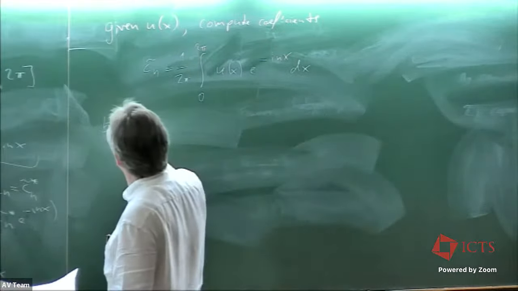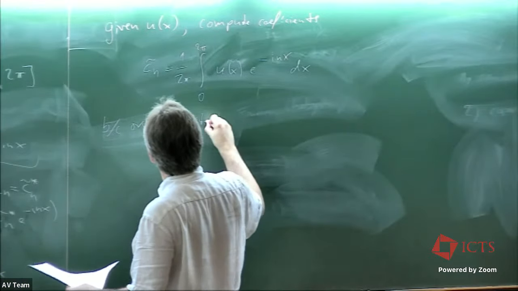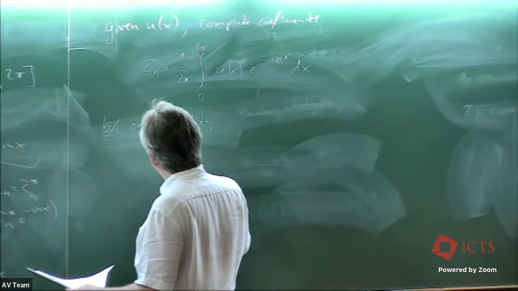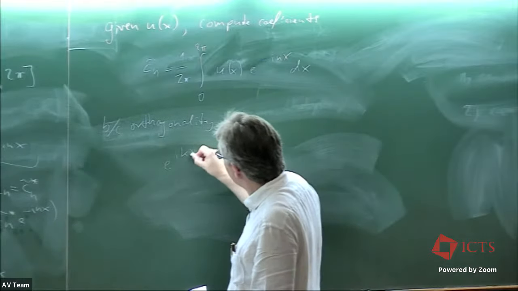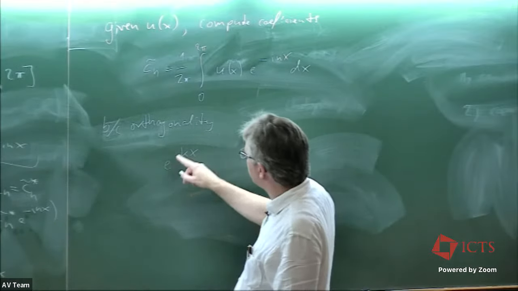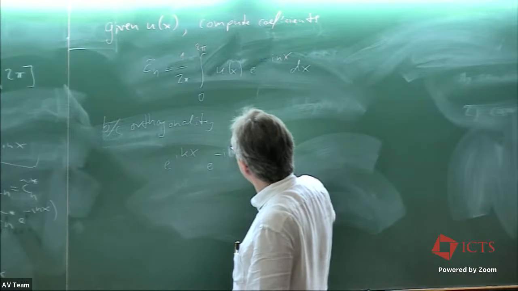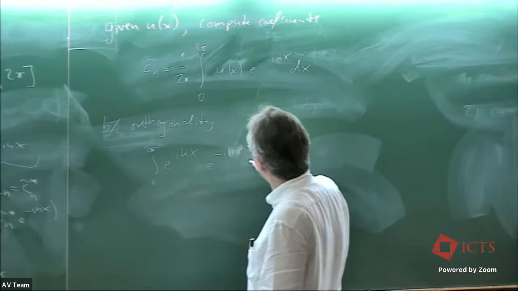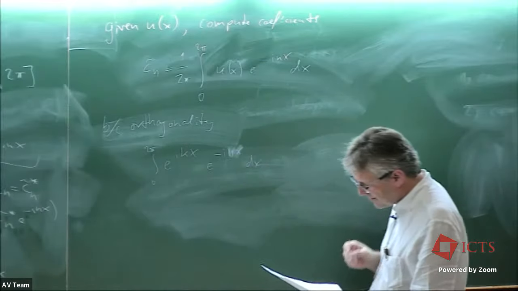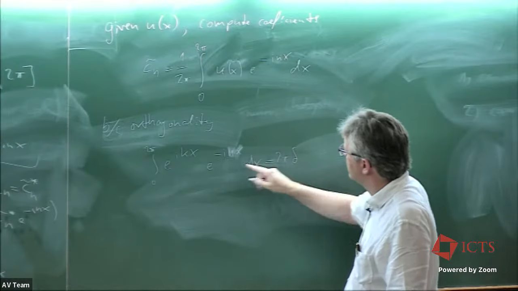Let me write this below. If you take two different ones of our basis functions, say e to the ikx and e to the minus inx, and you integrate this from 0 to 2 pi dx, then this is equal to 2 pi delta kn.